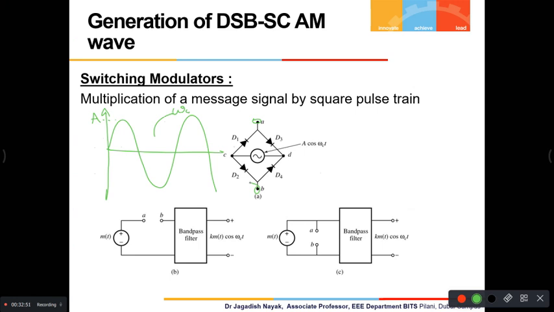What type of waveform do you get? Assume during the positive half cycle, this will be positive, this will be negative, right? What will happen? Which diodes get forward biased? Which diodes get reverse biased?